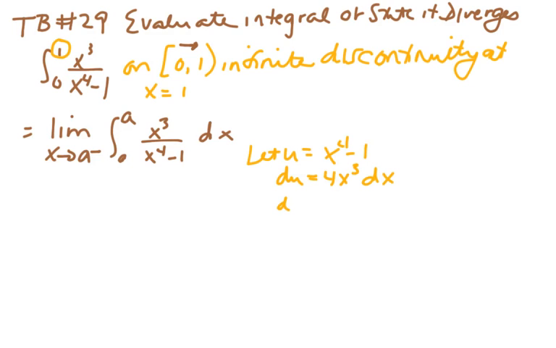And dx is equal to du over 4x cubed. Just a little refresher for you. So this is simply 1/4 the integral from 0 to a of 1 over u du. And then I'll put the limit back in.